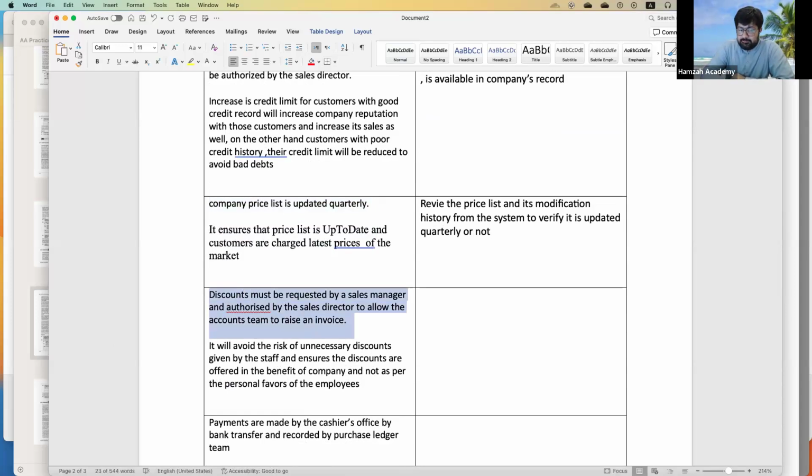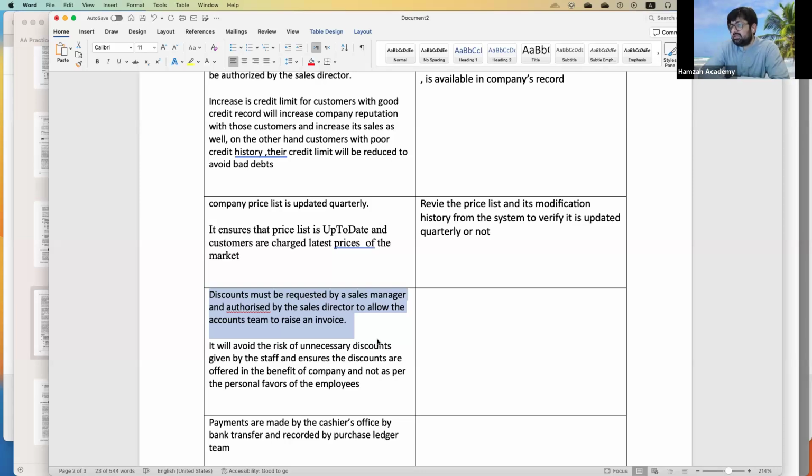Now, they say that discounts are requested by sales manager and authorized by sales director.